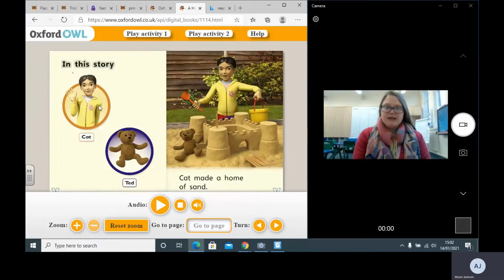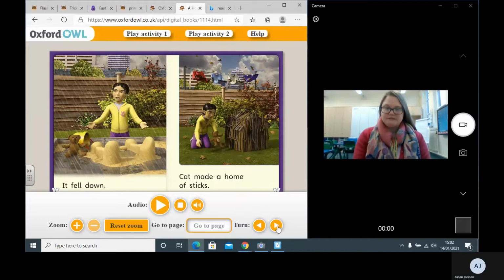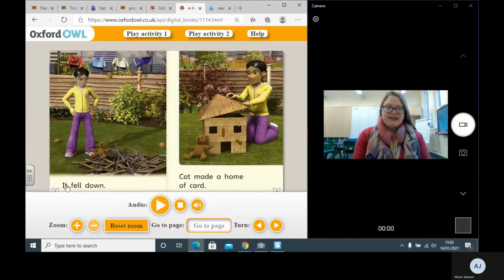In this story, Cat made a home of sand. It fell down. Cat made a home of sticks. It fell down. Cat made a home of card.